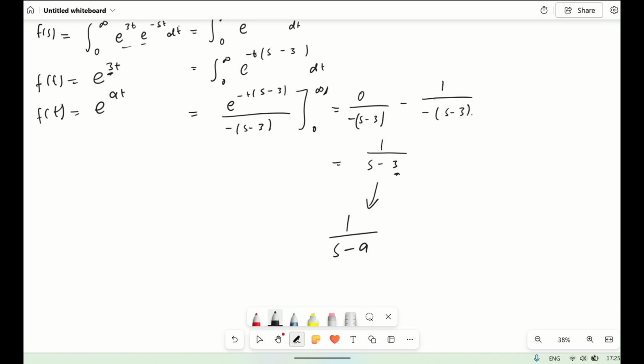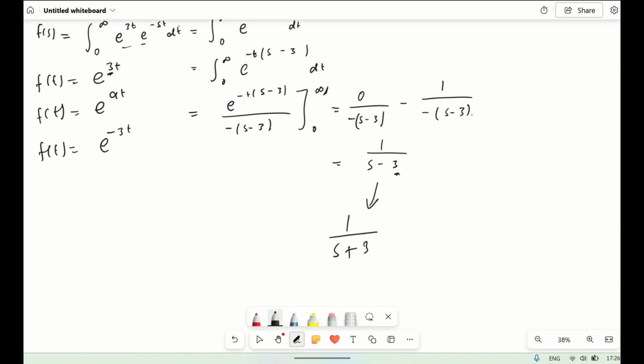So if your a is 5, if your function is e to the 5t, that means your answer is going to be 1 over s minus 5, right? And if it's negative 3t, then the sign is going to change. It's going to be positive 3.